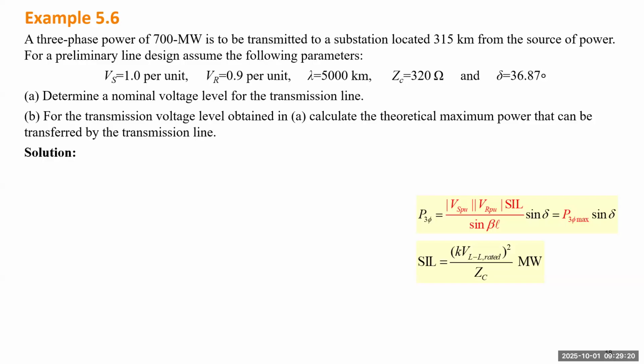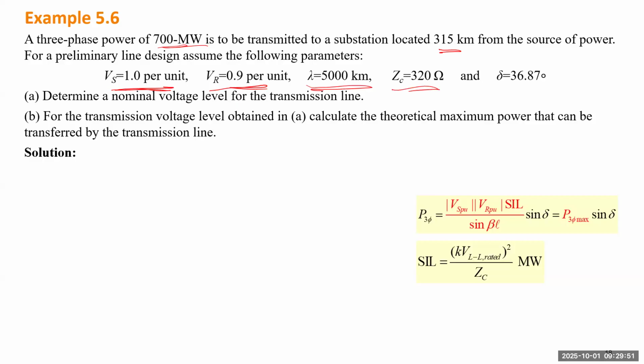So if we have a three-phase line sending 700 megawatt power transmitted to a substation at a distance of 315 kilometer. If we know some per unit values for the source voltage, and the load voltage is slightly lower, and the wavelength is 5,000 kilometer because it's a 60 hertz system.